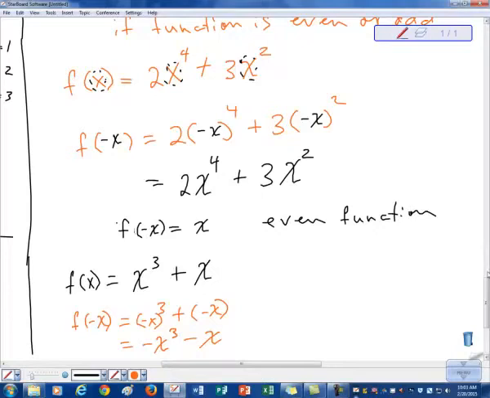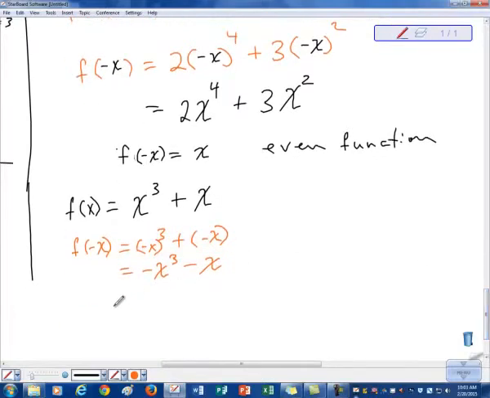Here we put negative x in, and we get a negative. All the signs change. This would be an odd function.